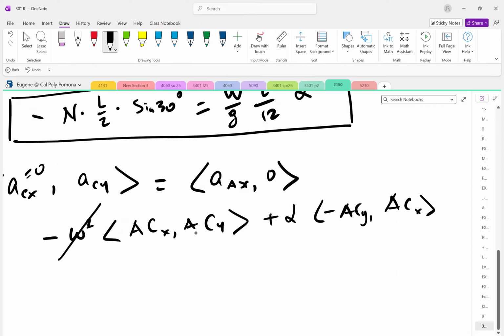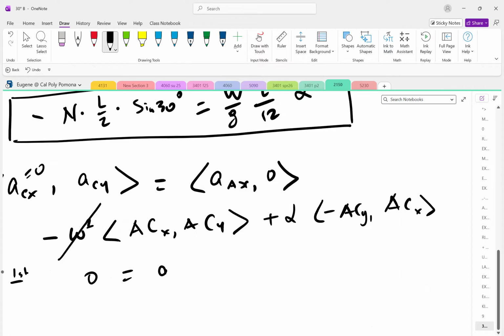So we introduced 2 more equations, but we introduced one more unknown, which is a_Ax, right? Okay. Not a_Cy, what was it? a_Ax, right? So write down the first component.